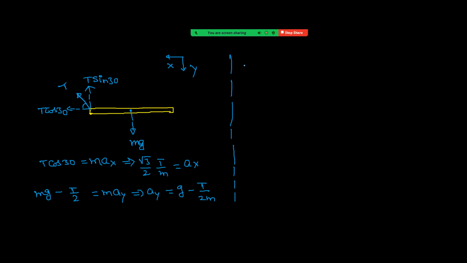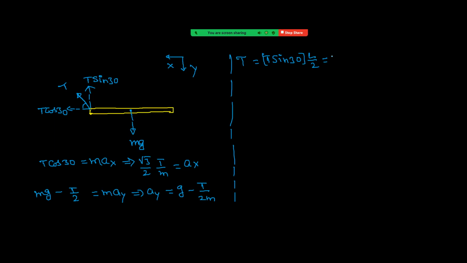Okay. So writing the torque equation about the center of mass, that is T sin 30 into L by 2 equal to I into alpha. We are taking torque about the center of the rod.